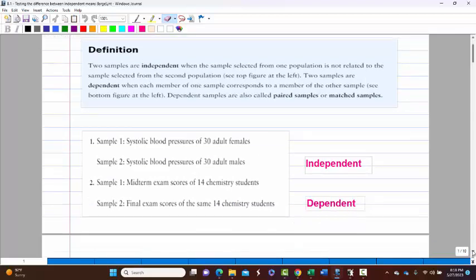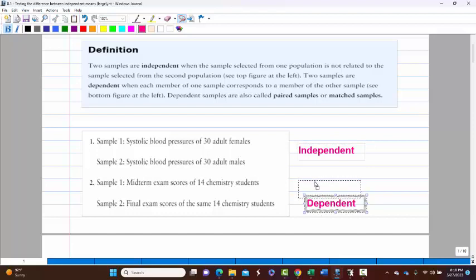Like this example of independent, you have systolic blood pressures of 30 adult females and adult males. There'd be no kind of correlation there. This one, dependent: midterm scores of 14 chemistry students and final exam scores of 14 chemistry students.